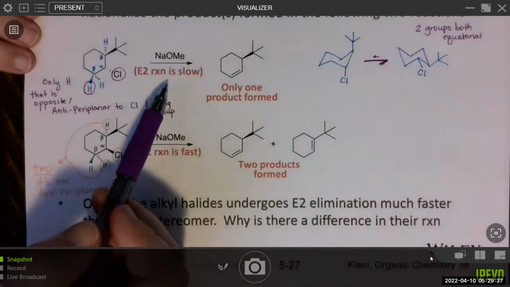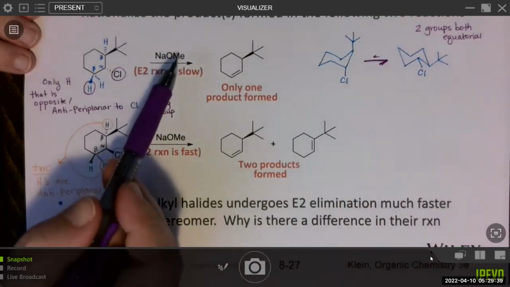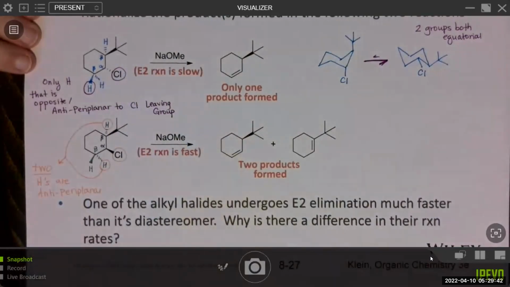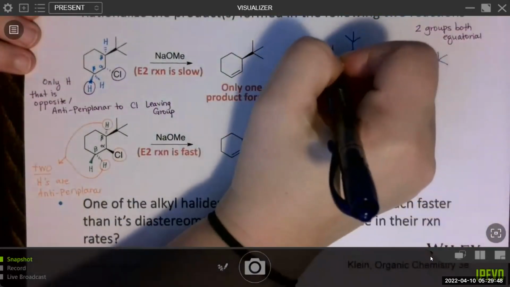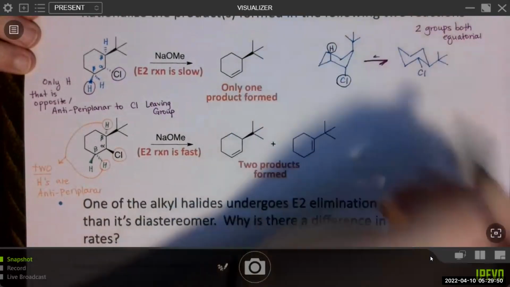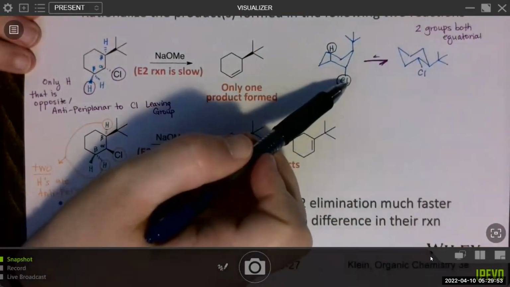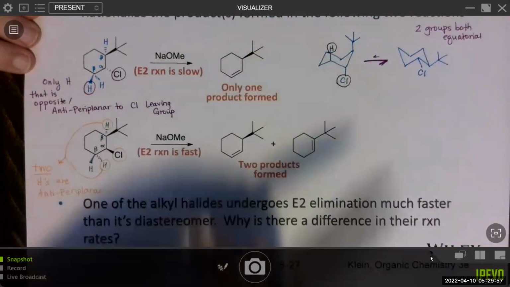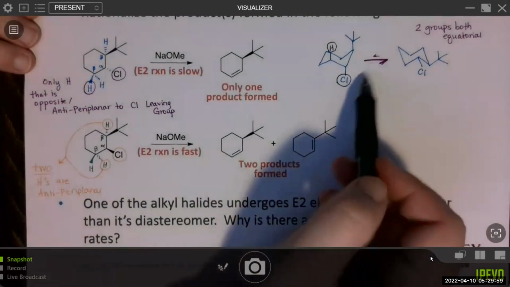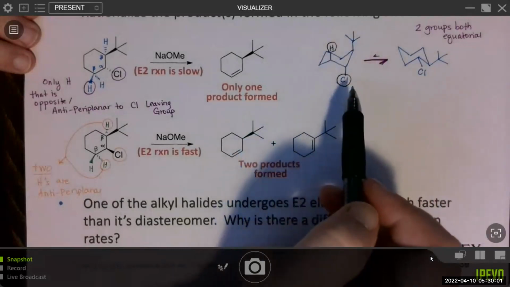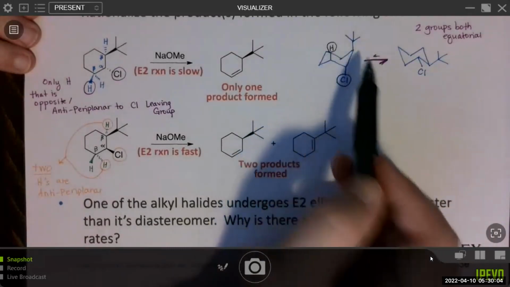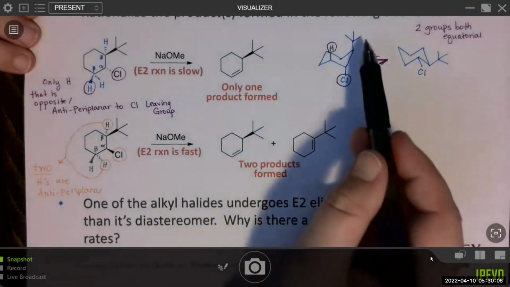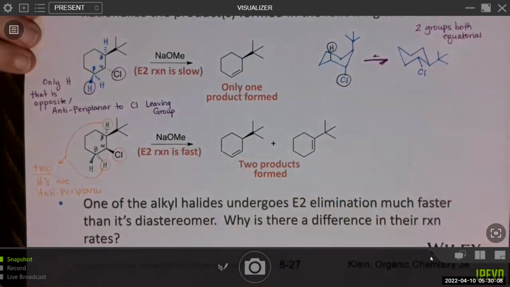That's a problem for this reaction because this reaction requires that the hydrogen that is opposite it, which is this one, right? So these are the groups that are going to be removed. It requires that the chlorine is axial and the group that's opposite it will be removed to form the pi bond. And it's very rarely ever going to go into this conformation because it's very unstable with these groups being axial.